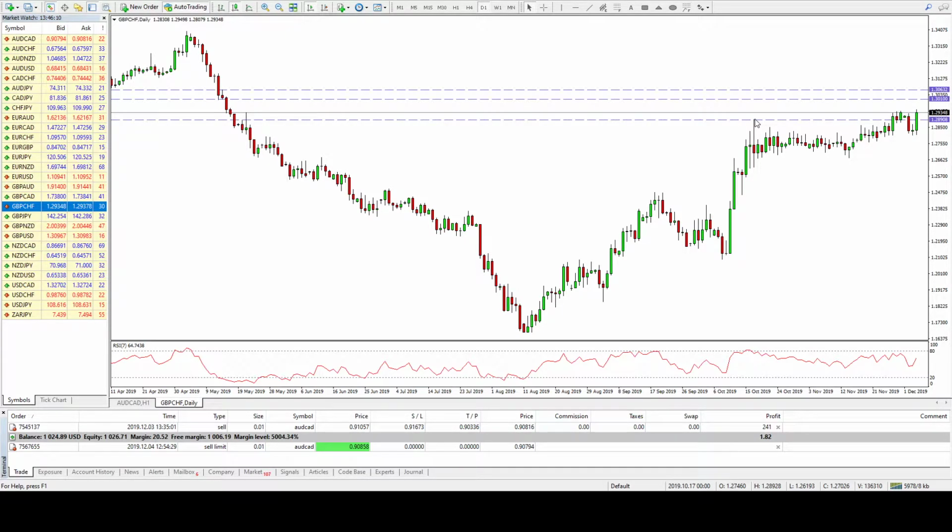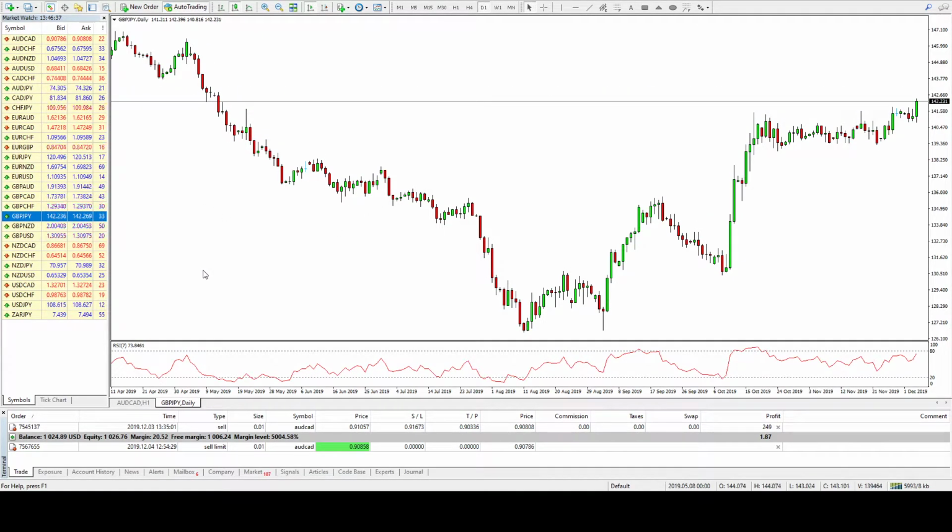All right, what we got? Okay. Pounds are good pairs to pay attention to right now. They're doing very well.